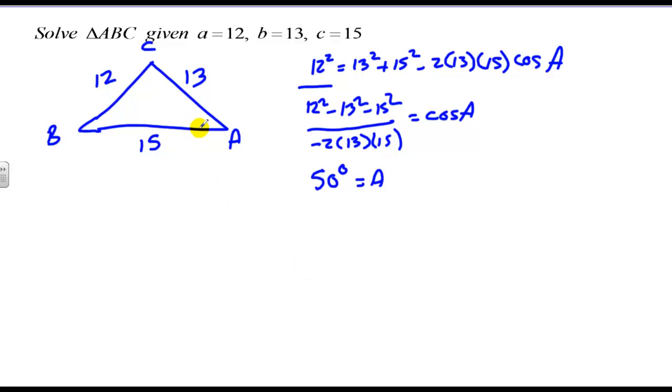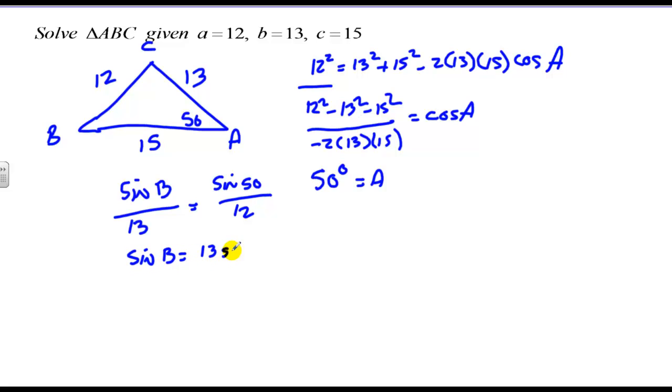If I know that's 50 degrees, I can use the law of sines to find another angle. Typically, I find the smallest angles first, so I'll take the sine of B, put that over 13, set that equal to sine of 50, put that over 12, get sine of B equals 13 sine 50 over 12.